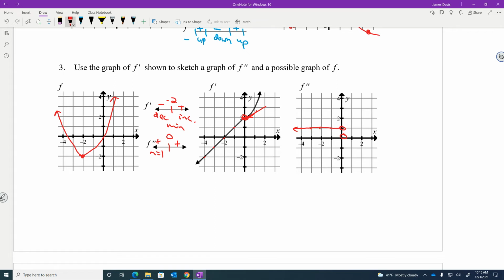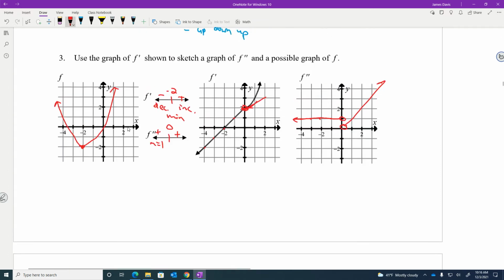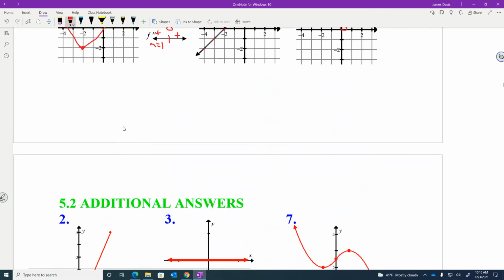It's not defined in either place. And then it should just get bigger and bigger and probably in a linear fashion, right? Again, these are not easy to draw. And that's all the examples you're given, so good luck.